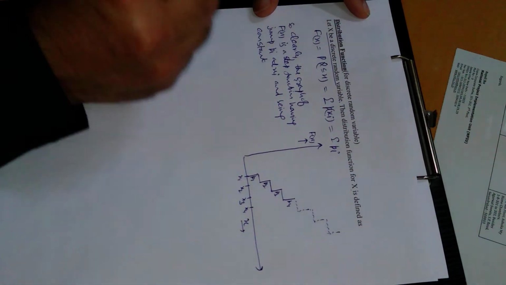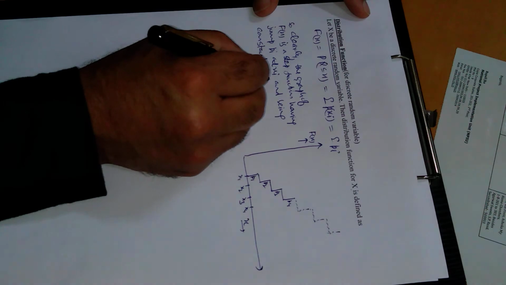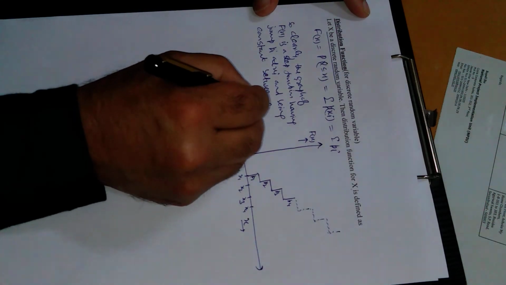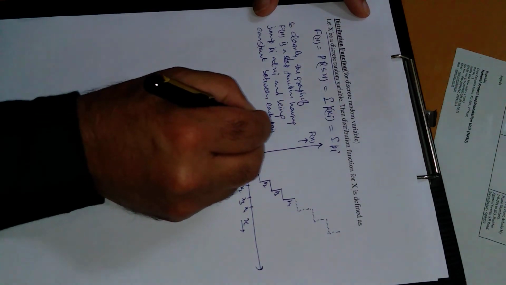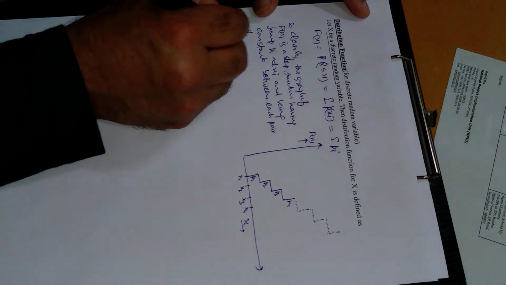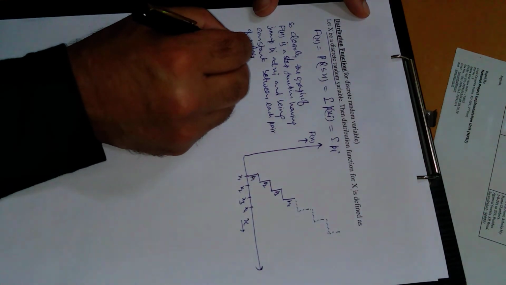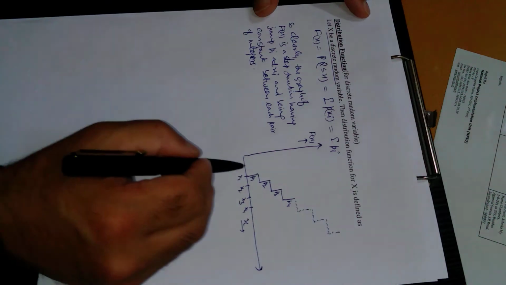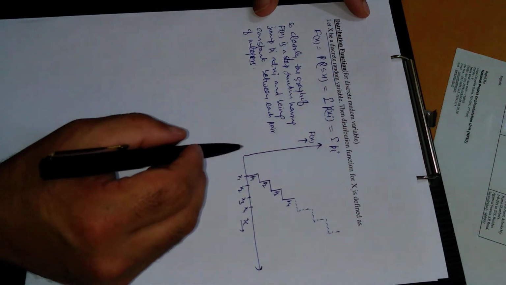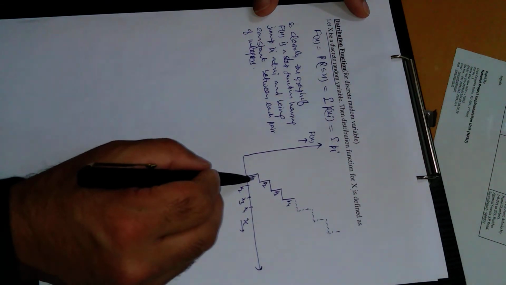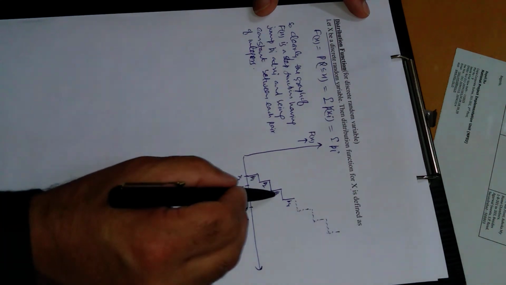between each pair of integers. This is a step function like a stair, having jump p1 at x1, jump p2 at x2, jump p3 at x3.